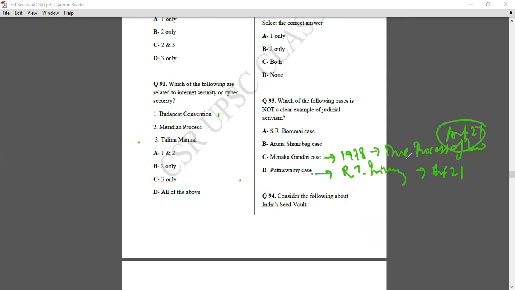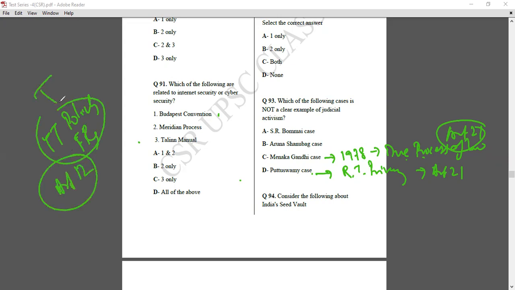Now, what is the difference between due process of law and procedure established by law? You have to go to my YouTube polity lecture of fundamental rights, starting from Article 12, the first lecture of fundamental rights. I've clearly explained what is due process of law, what is procedure established by law. So it is also a kind of judicial activism, because you are adding something to Article 21.